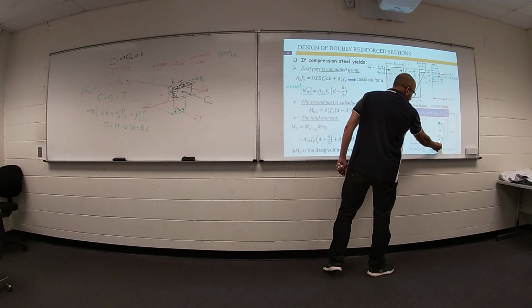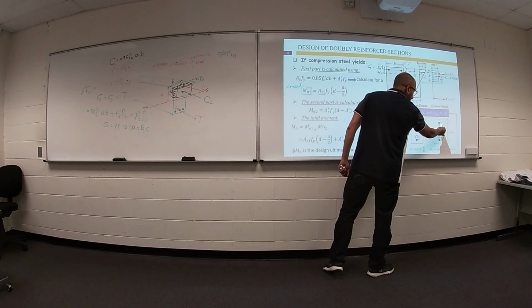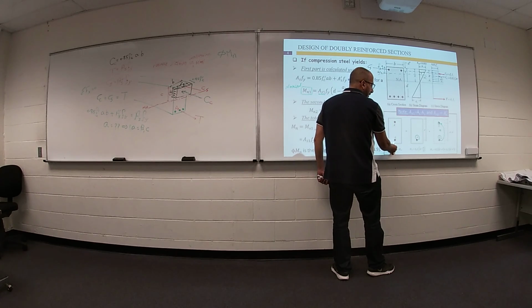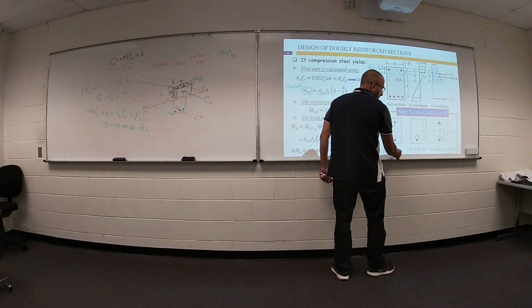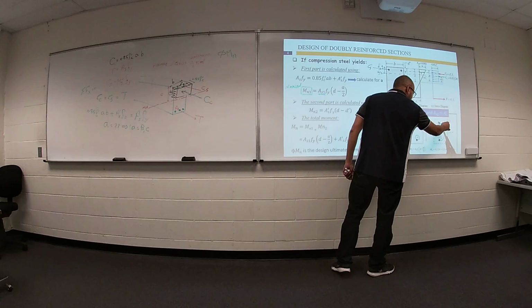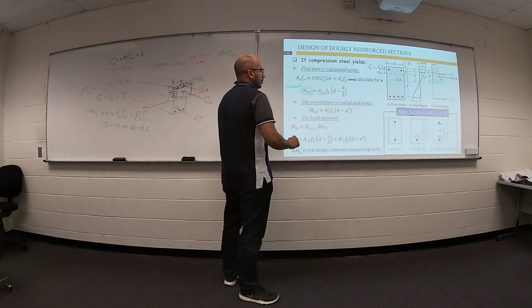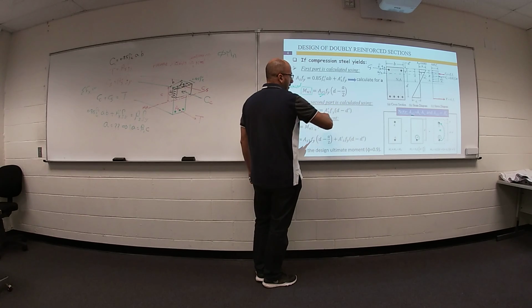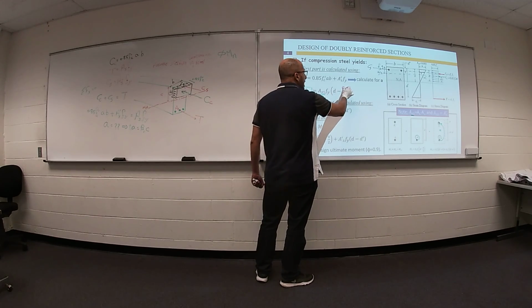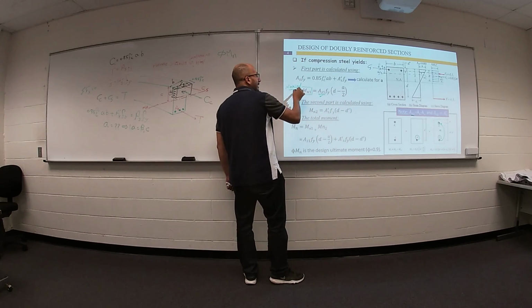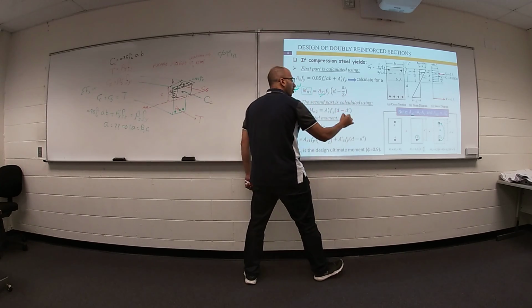So I know area steel 2, because it equals area steel prime. Area steel 2 plus area steel 1 equals area steel, so if you subtract area steel 2, which equals area steel prime, you get area steel 1. With fy, depth a over 2, and the value of a, I can get the nominal moment of the first part.